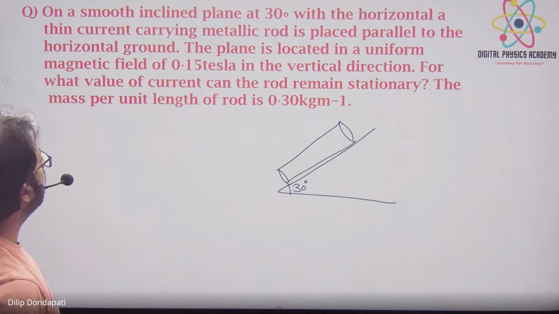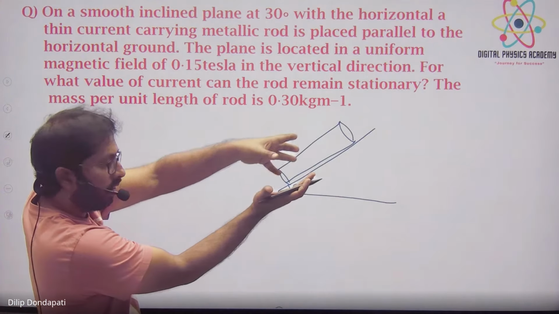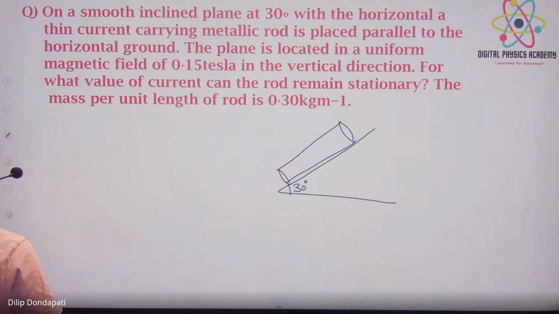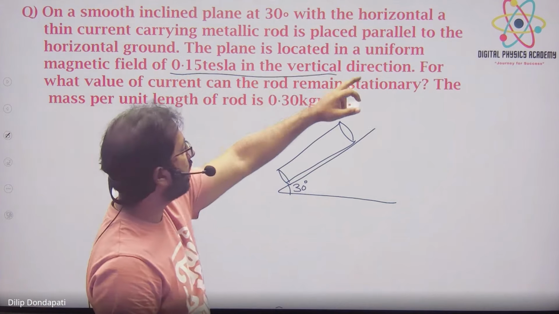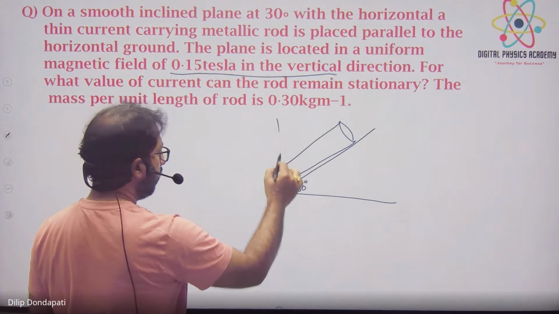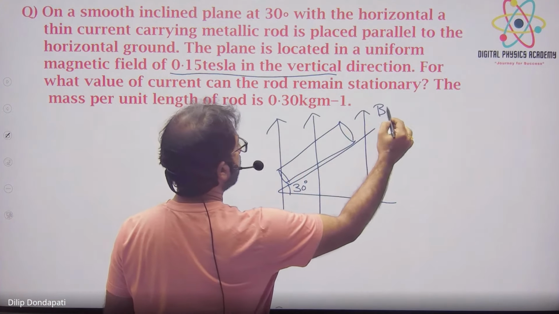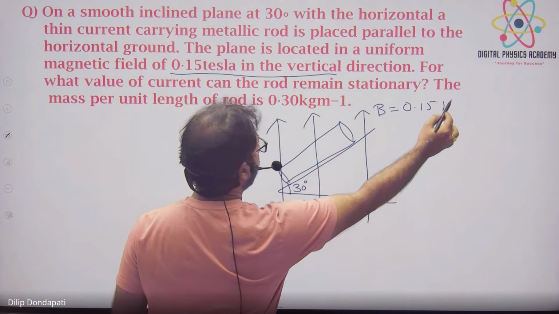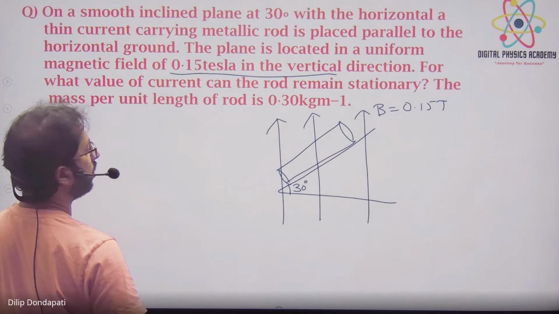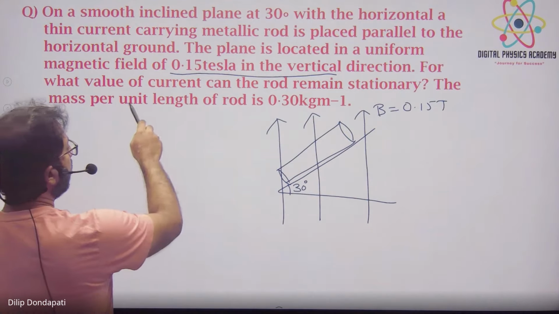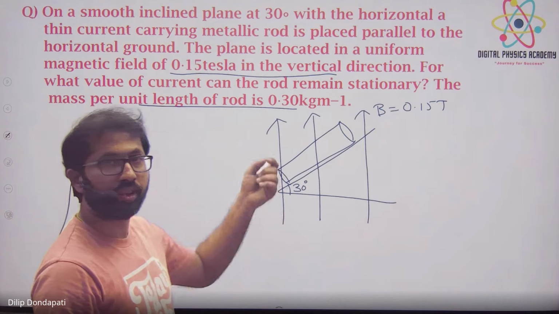The plane is located in a uniform magnetic field of 0.15 Tesla in the vertical direction. For what values of current can the rod remain stationary? The mass per unit length is 0.3 kg per meter. Unit length means 1 meter.